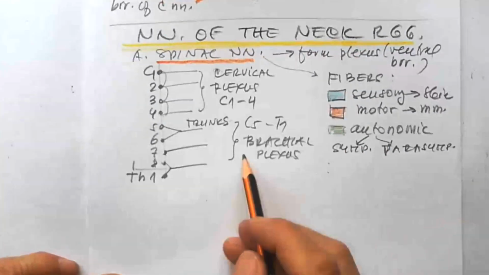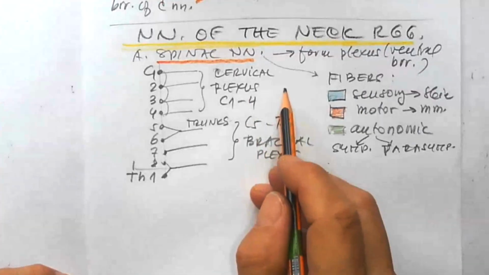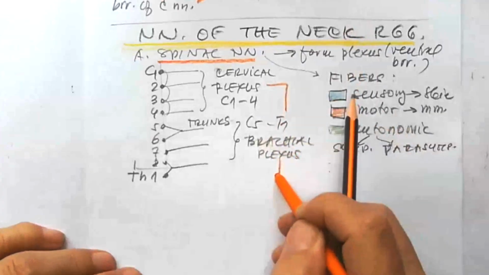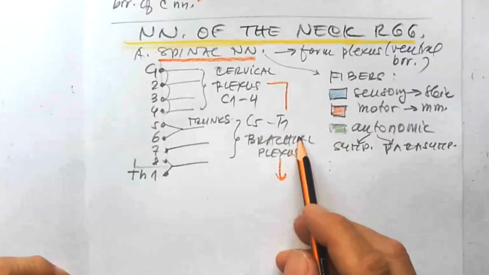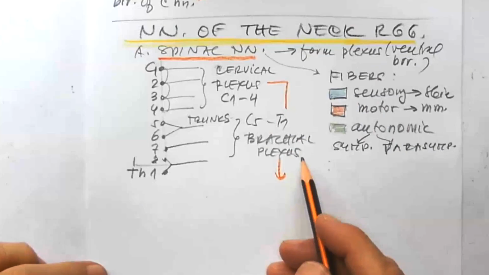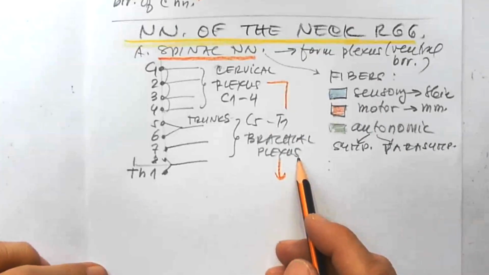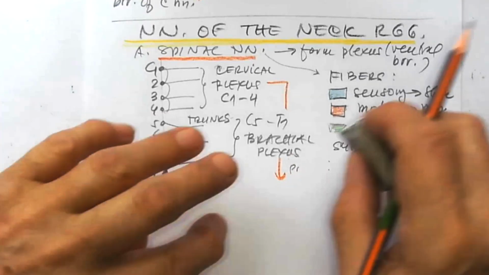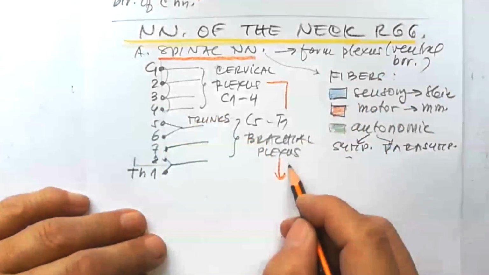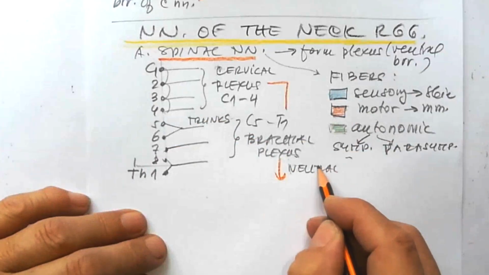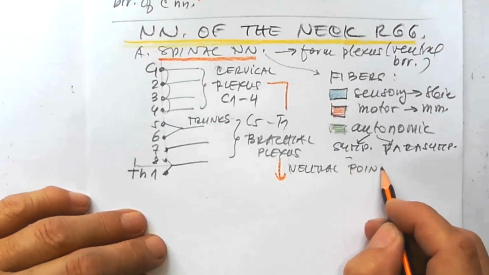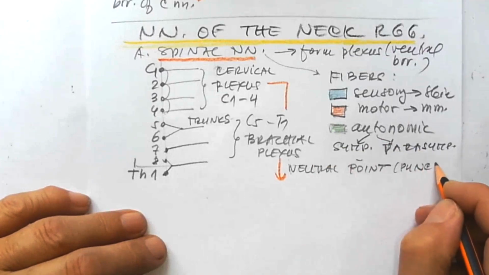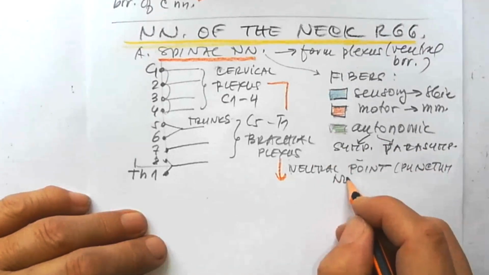And very quickly, the cervical plexus, because this is the one supplying the nerves, and they form the punctum, the Latin word, neural point, which innervates. We can use also, why not, Latin, punctum nervosum.